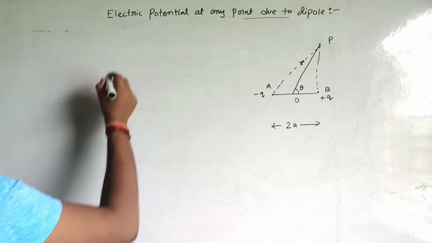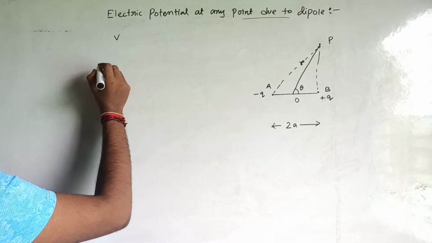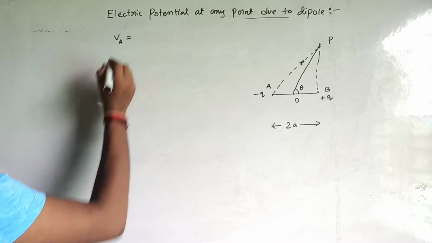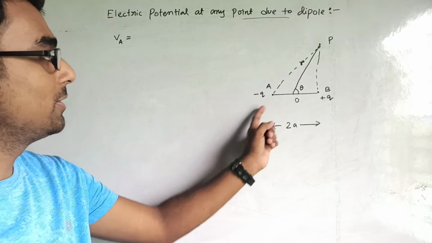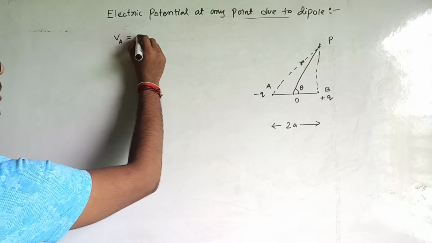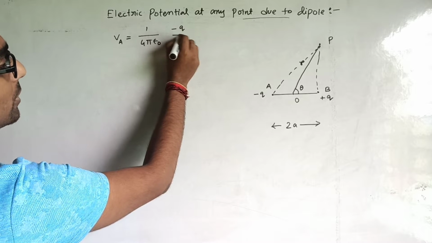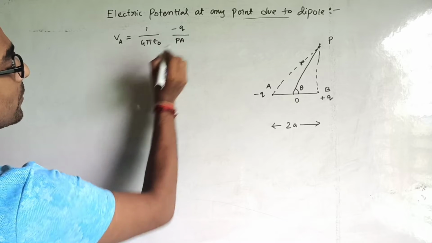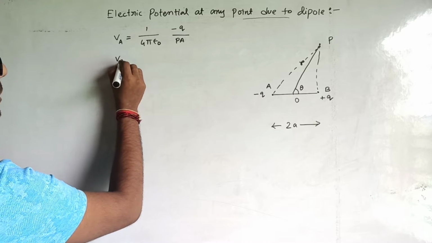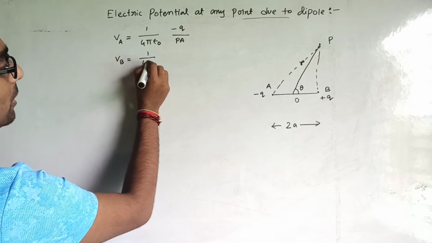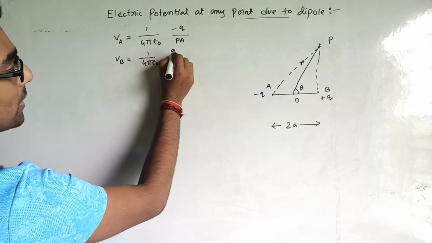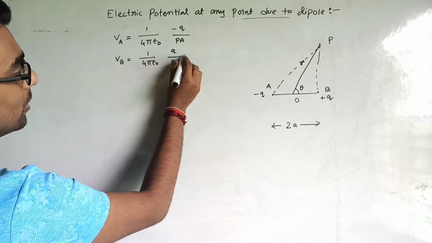Now what we can write, suppose VA is the electric potential due to this minus charge. It will be 1 by 4 pi epsilon naught times minus Q divided by PA. In a similar way, VB will be equal to 1 by 4 pi epsilon naught times plus Q divided by PB.